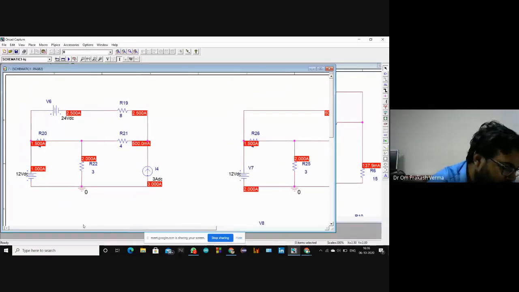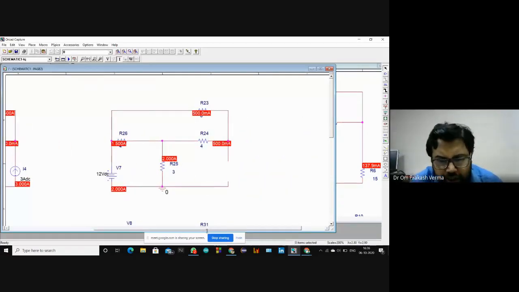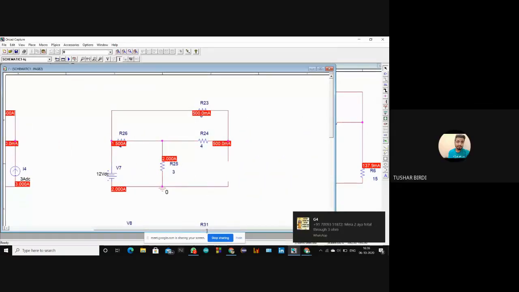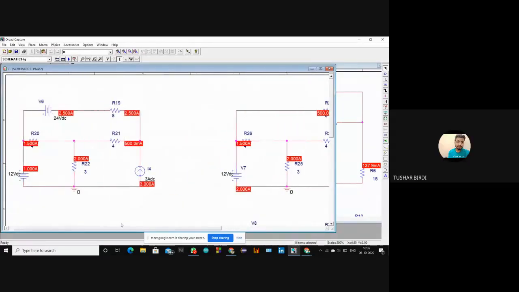Yes, 2 ampere, right? Now come to the next. Yes, 2 ampere is the correct answer. मेरा 2 आया total. Yes, 2 is the correct answer.